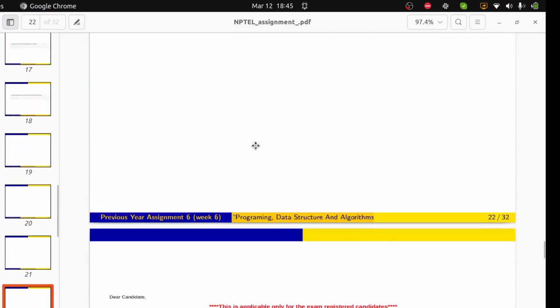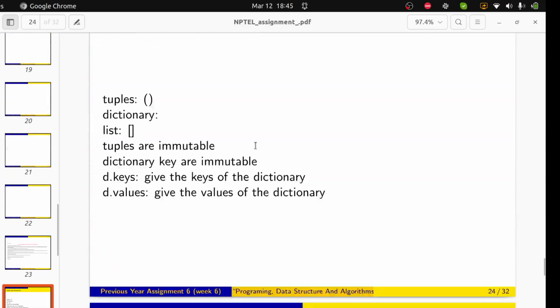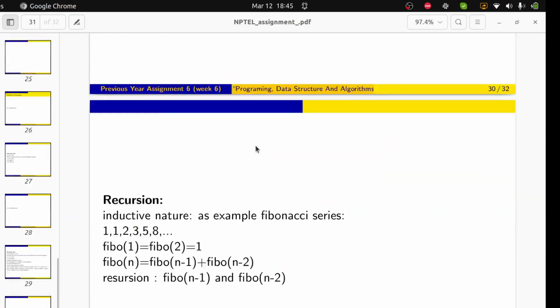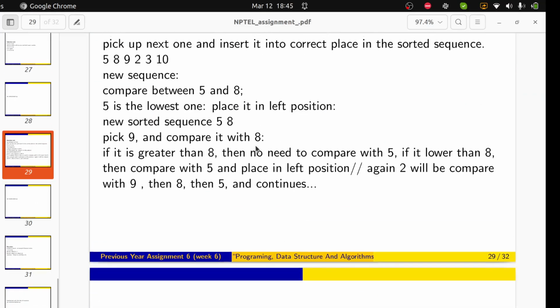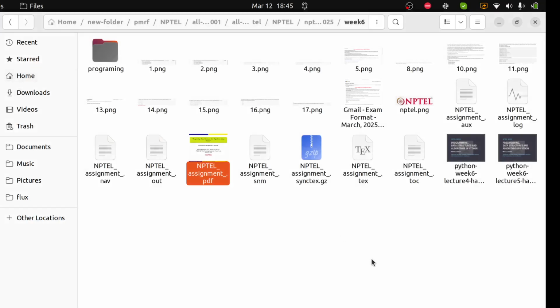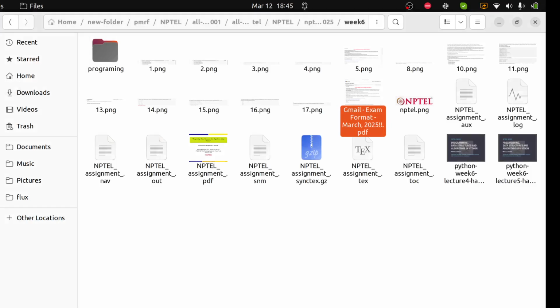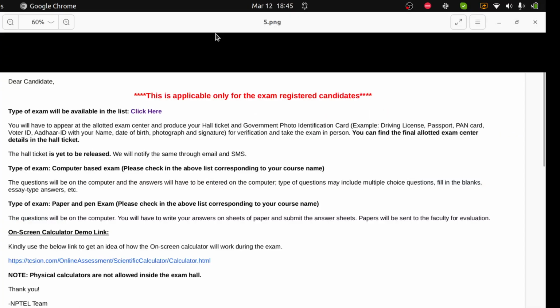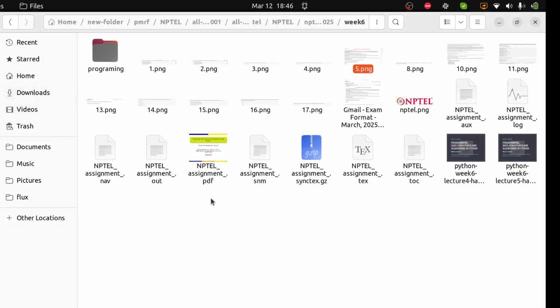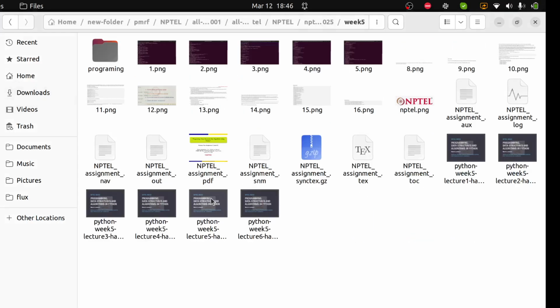Actually, Shah told us that in the examination there will be... No, it is not there. Actually, sir told us that programming will not be there in your case.